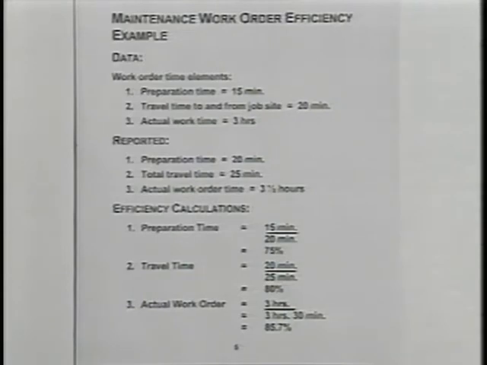So the preparation efficiency in this case was 75%, the travel time efficiency was 80%, and the actual work order time was 85.7%. Now, since all of these time elements are actually inefficient from the actual time used to the time estimated, one may get the feeling that maybe we had underestimated the times for this particular work order.